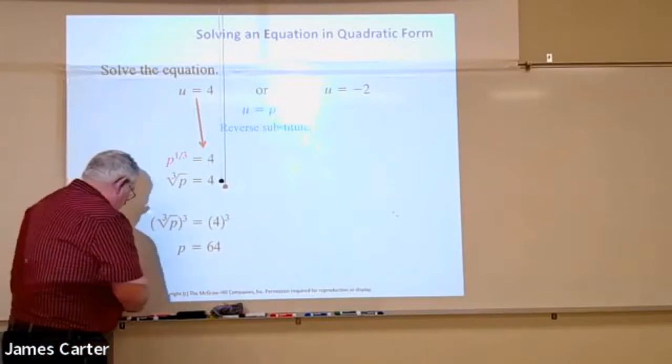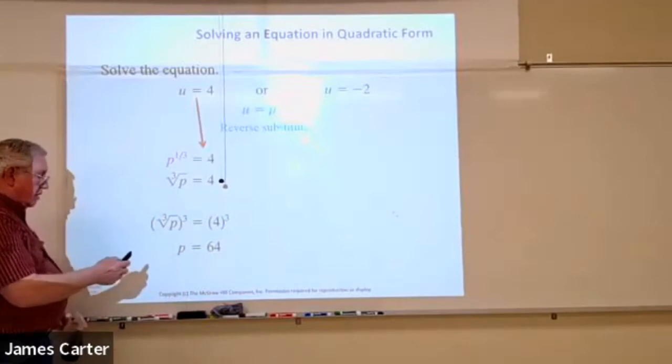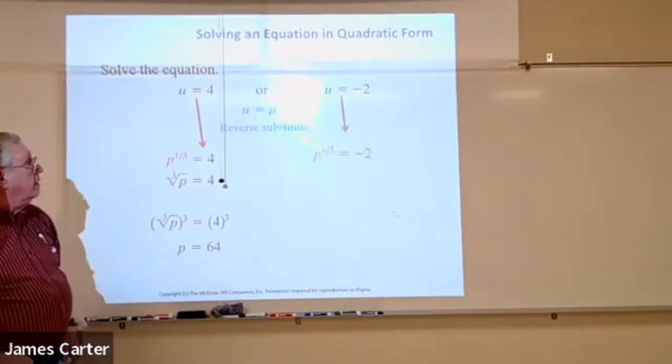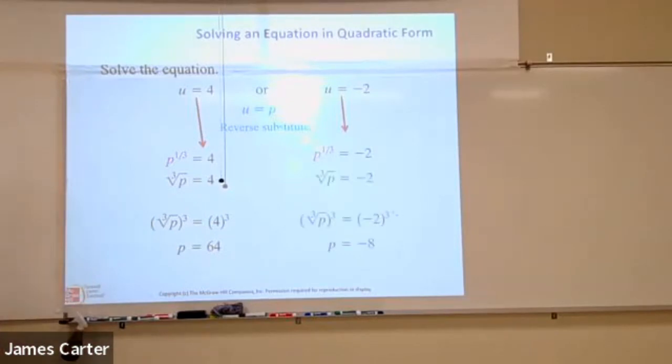We're not done. We got the other half of this thing to go. Uh-oh. Look at this. Remember, you can have negative cubes. With a cube, you wouldn't have the plus or minus either.